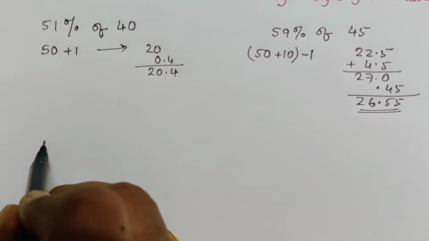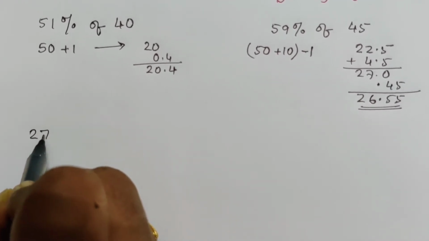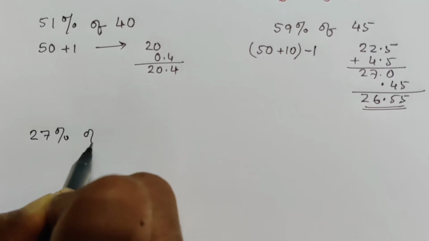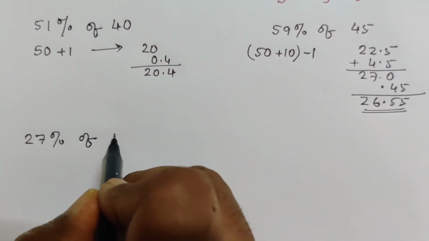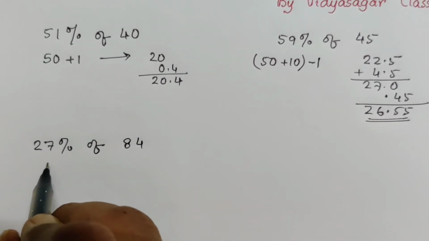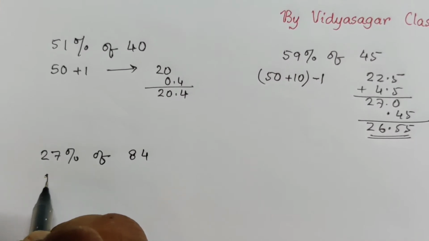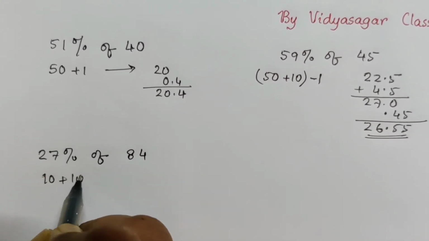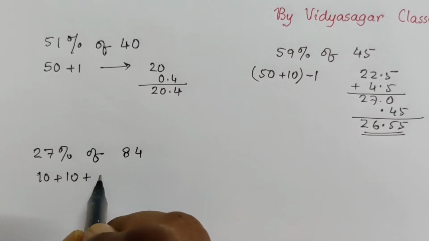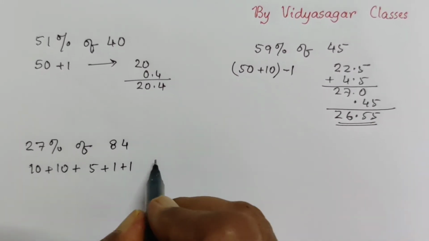Now if you are asked to do 27% of 84, again we split it. 20% means 10% plus 10% plus 5% plus 1% plus 1%.